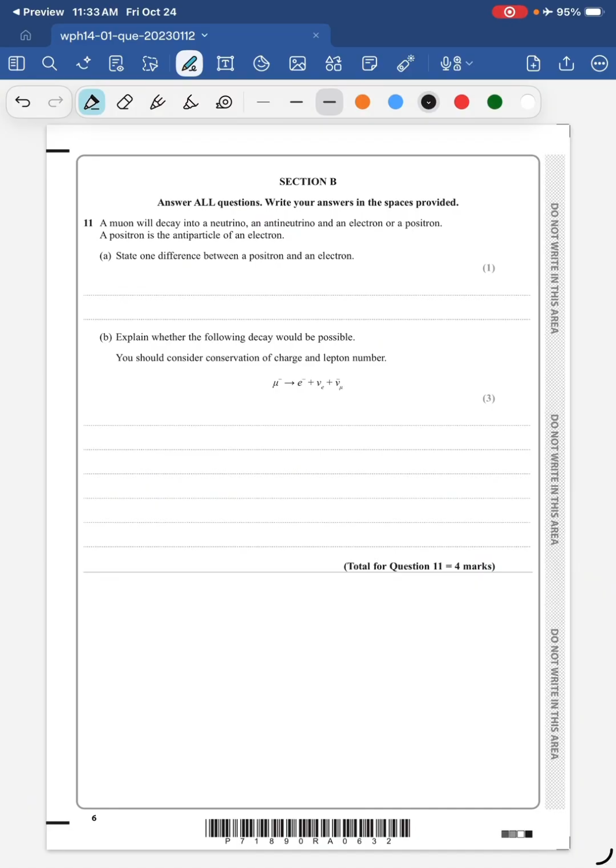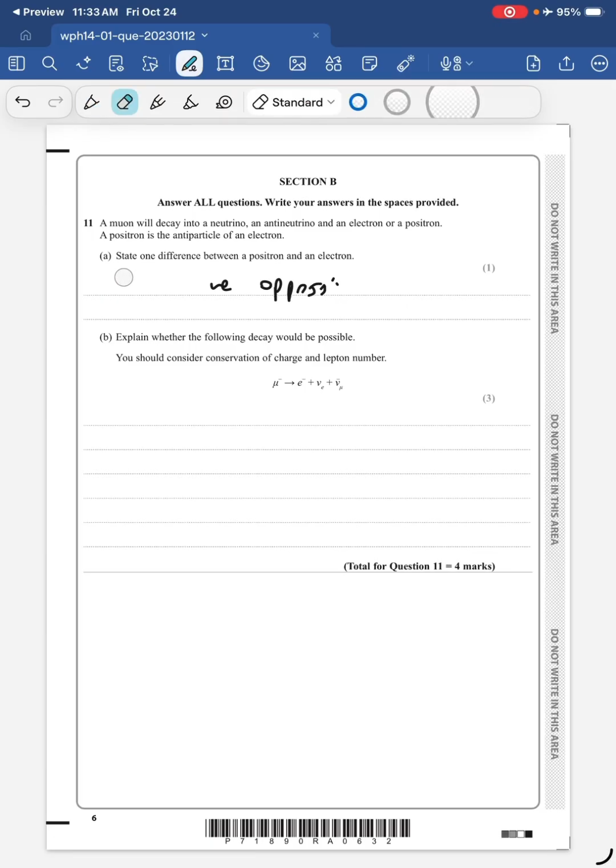Okay, section B. A muon will decay into a neutrino, an antineutrino, and an electron, or a positron. A positron is the antiparticle of an electron. State one difference between a positron and an electron. So they have an opposite charge, okay?